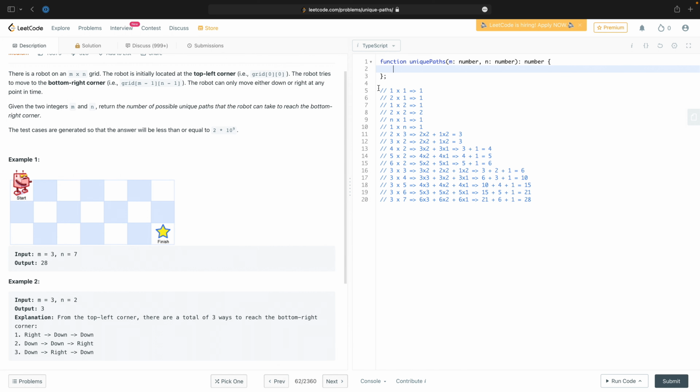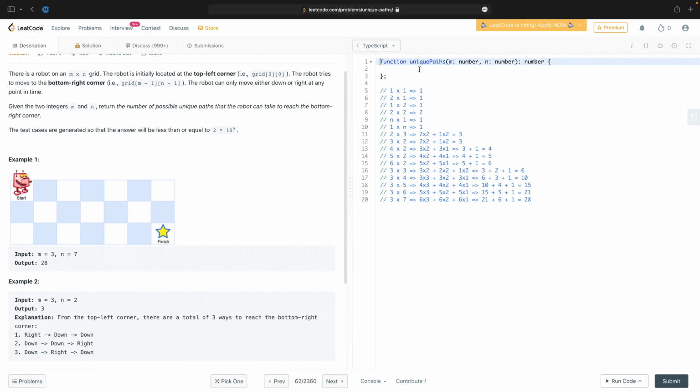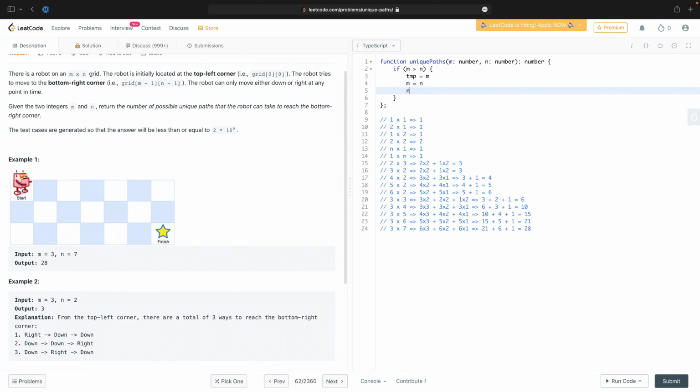So I can never remember the keywords for this. Hang on. If m is greater than n, temp is equal to m, m is equal to n, n is equal to temp.